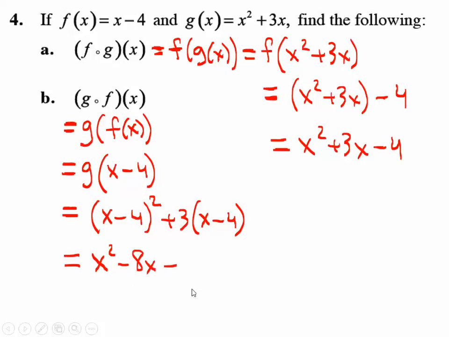Negative 4 times negative 4 is a positive 16. So square, double the product, square the end. Distribute the 3 here, 3 to the x, 3 to the negative 4. And then finally add like terms together. I'll let you finish it off.